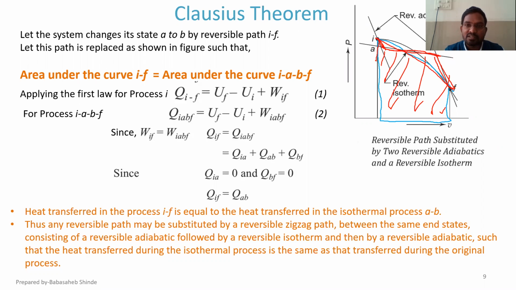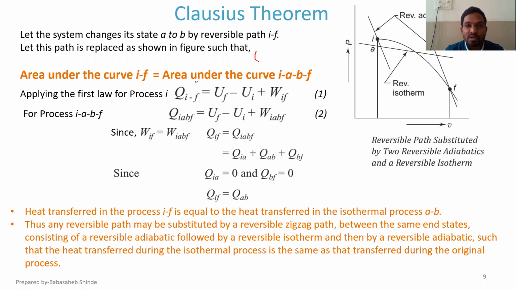And if that condition is satisfied, the diagram that we have drawn is the correct one. Okay, so that way I have drawn two reversible adiabatics and one reversible isotherm. Now let's apply the first law of thermodynamics to those two processes. Let's start with the original process IF.